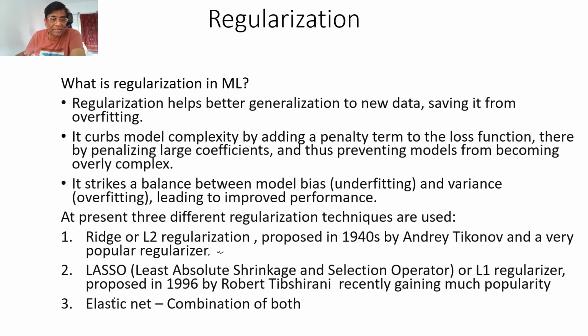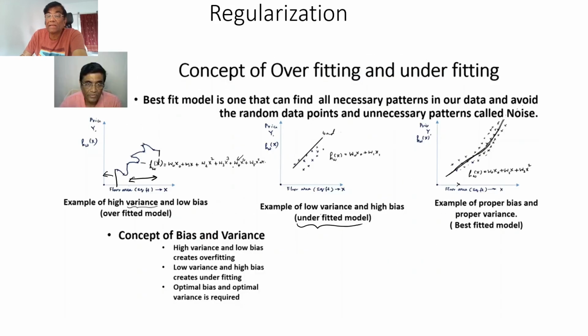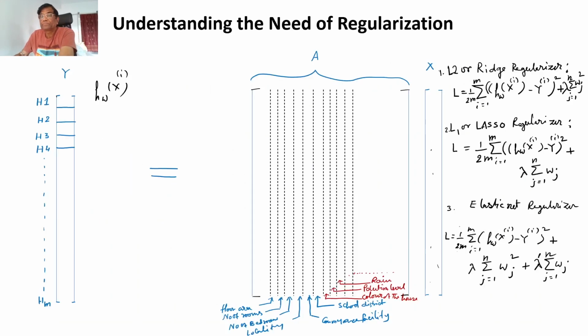And another regularizer is the elastic net regularizer, which takes the best of both ridge and lasso. Now let us see what they are, and how they can be incorporated.